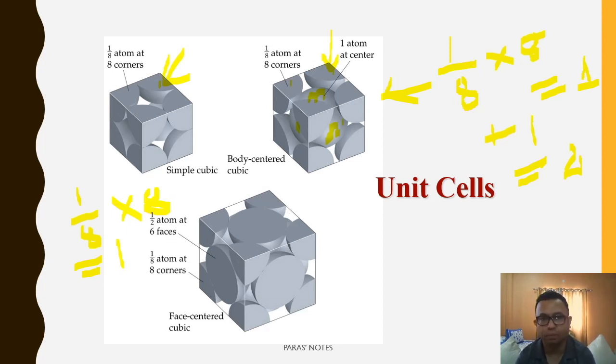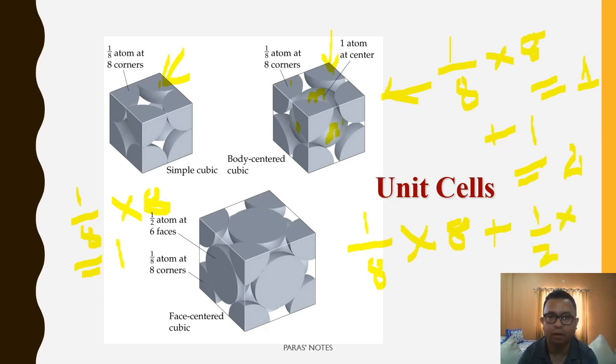Whereas in a BCC or body centered cubic it is 2, and in a face centered cubic, in addition to the 8 corners, which is 1/8 into 8, you also have the 6 faces, and one face is equal to half, because the ball at the face is shared by 2 unit cells, so half into altogether 6 faces. So here you can see 1 plus 3, so altogether 4.